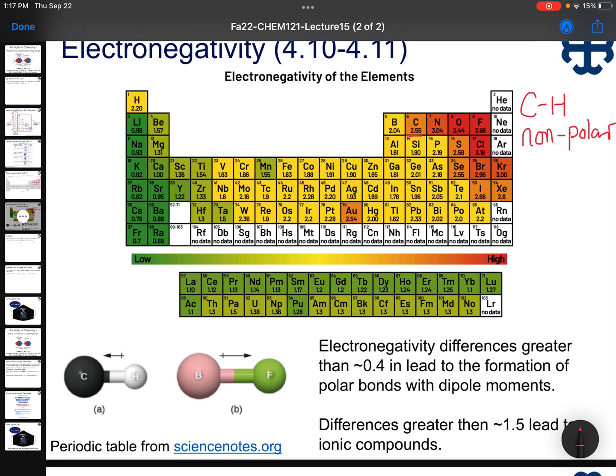How do we know when we go from having a polar bond to a nonpolar bond? We're going to say that electronegativity differences greater than about 0.4 in our electronegativity scale are going to lead to the formation of polar bonds.